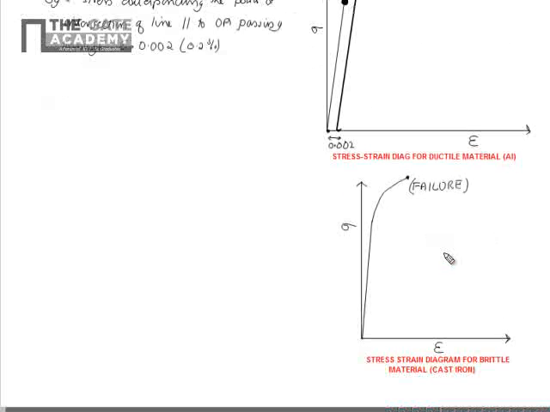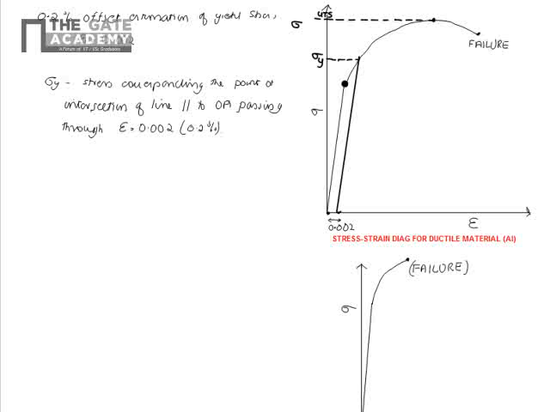Similarly, the stress strain diagram for brittle material is something like this, shown here. For brittle materials, the stress keeps on increasing with respect to strain, and it just fails at one point where stress exceeds the ultimate tensile strength of the material. The difference from ductile materials is that in ductile materials, after reaching the ultimate tensile strength, the specimen starts necking and elongating before failure.